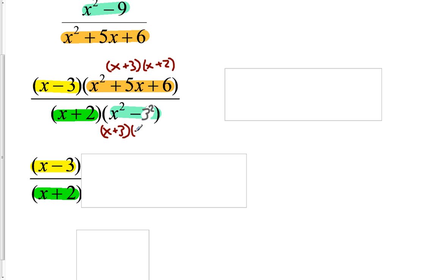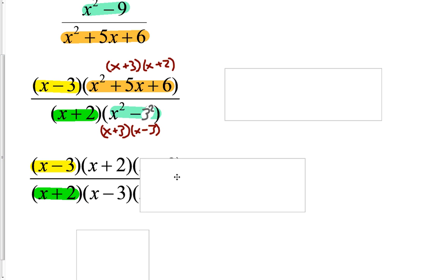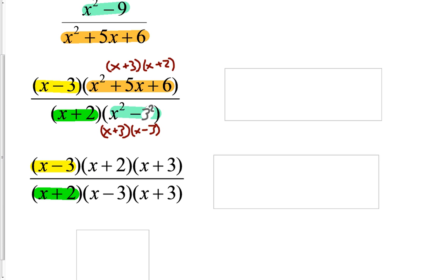X plus 3, x minus 3. So let's rewrite this below. Again, where we were in orange turned into these factors, where we were in the light blue turned into these factors. And then our last step is just to start canceling.